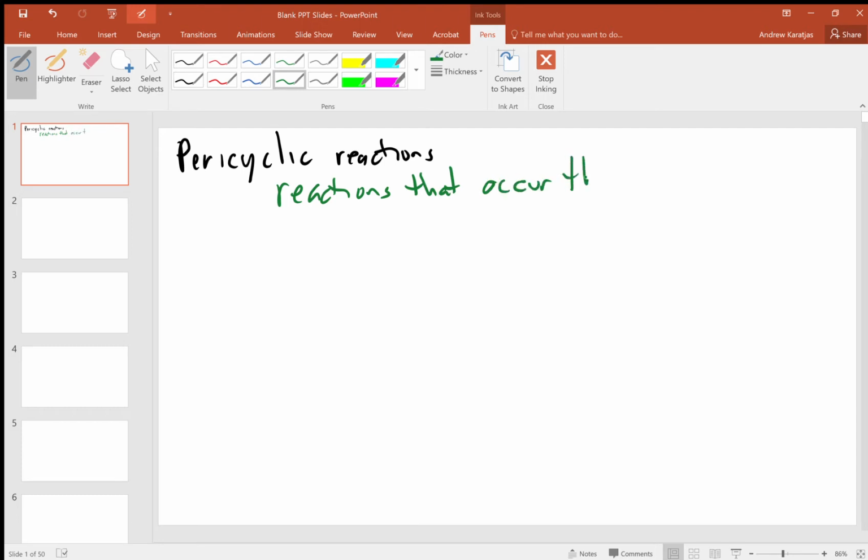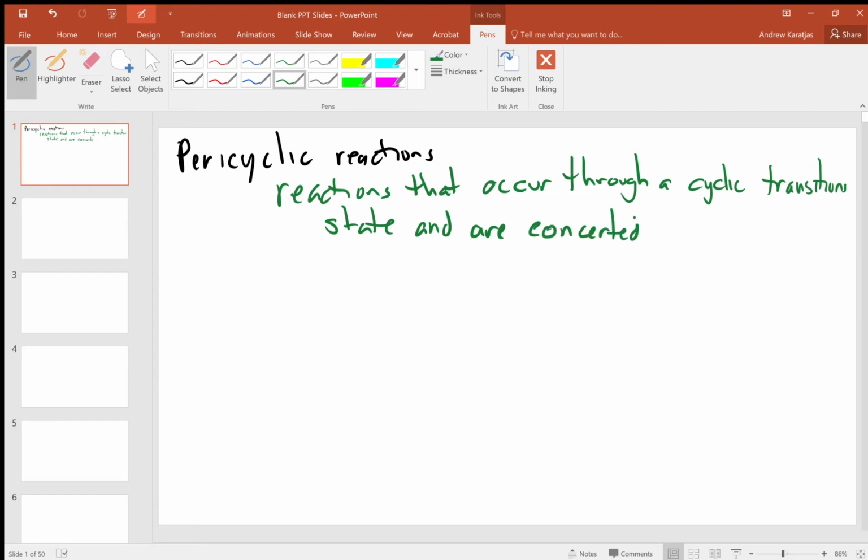They occur through a cyclic transition state, and are concerted, which basically means that they happen in a single step. So pericyclic reactions are broken down into three primary categories.